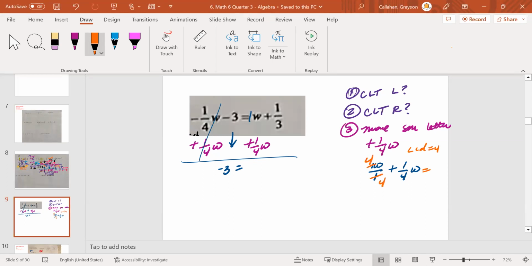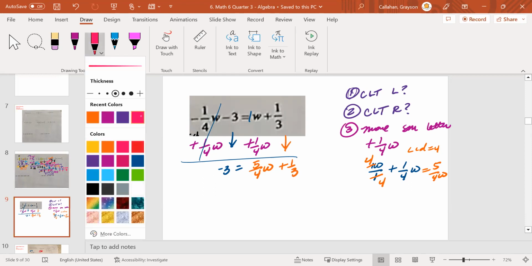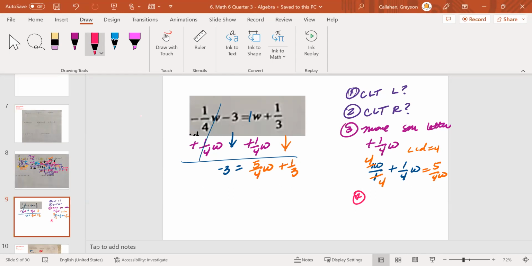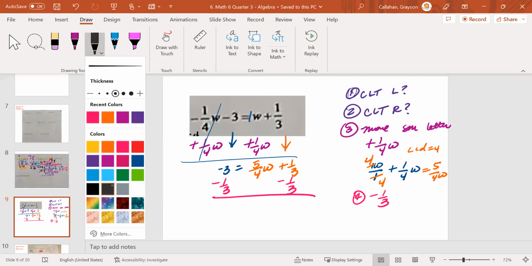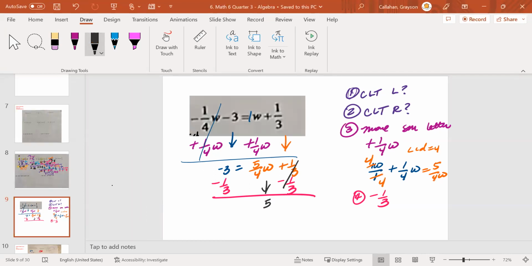That becomes a 4. 5 over 4w is what you have. Bring down the 1/3. Next step is you want to move the positive 1/3. So opposite of a positive 1/3 is a negative 1/3. That part cancels.